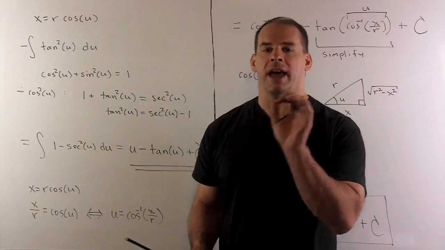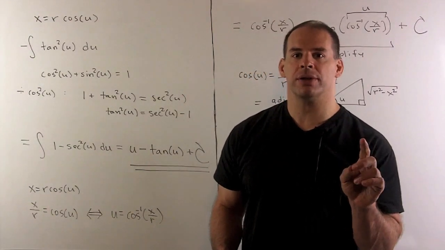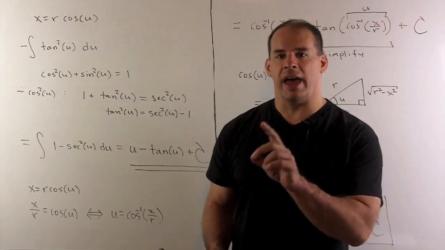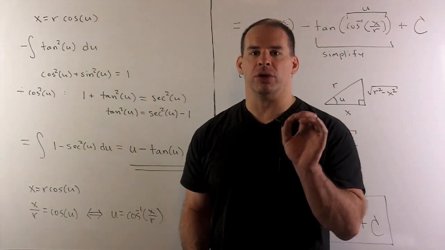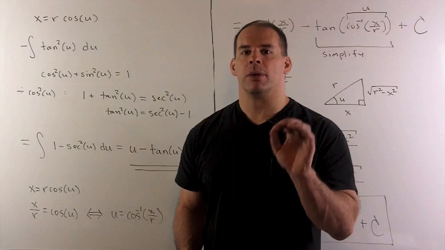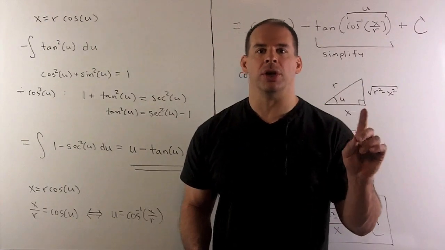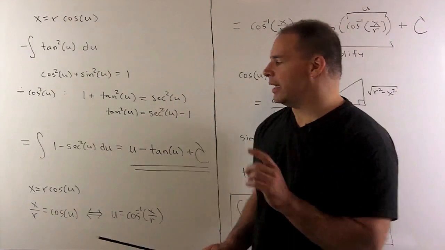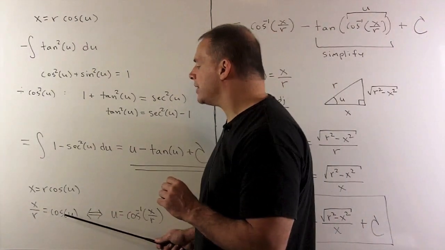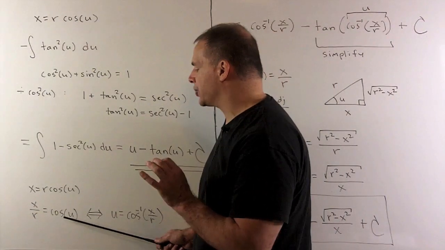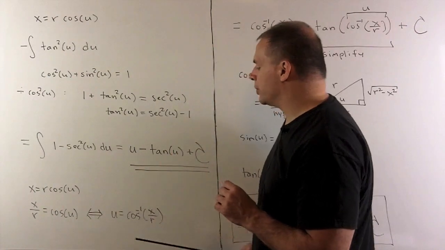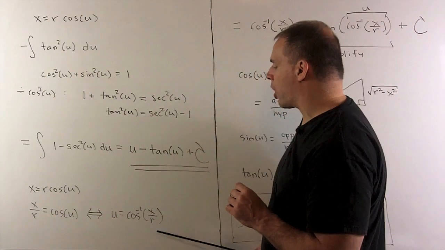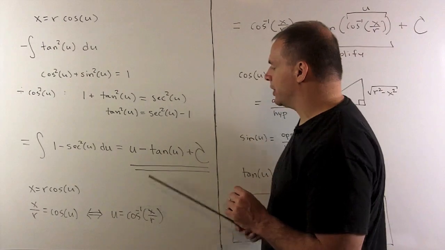If f and f inverse are inverse functions to one another, then f composed with f inverse of u is equal to f inverse composed with f of u is equal to u. So they'll cancel each other out when we compose. If I apply inverse cosine to both sides, then the cosine will cancel, leaving us with u equal to inverse cosine of x over r. And now I can substitute this into here.